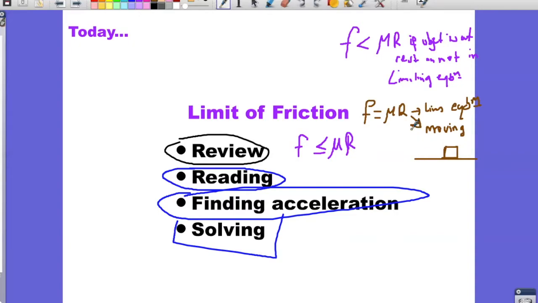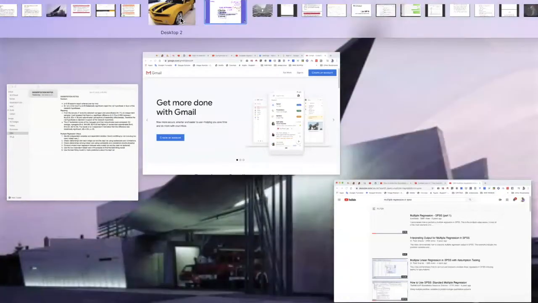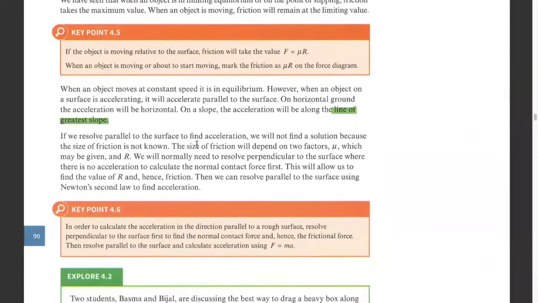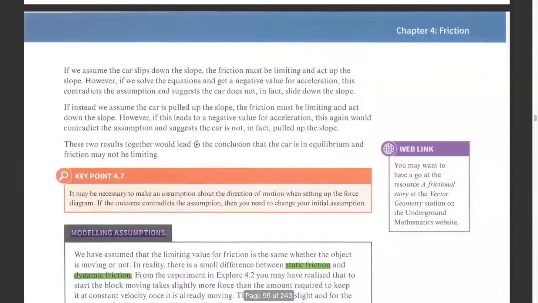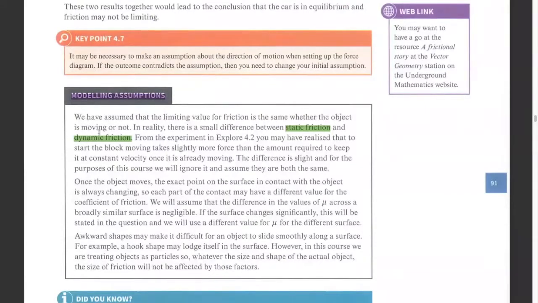From my demonstration last time, I made a demonstration with you guys last time. From that demonstration, what did you see? If you look in your book on page 91, there are some modeling assumptions.